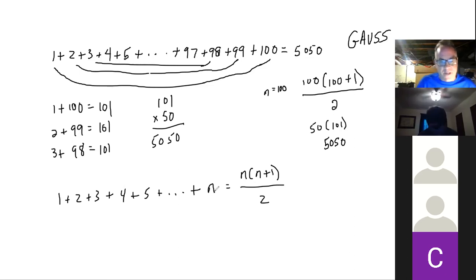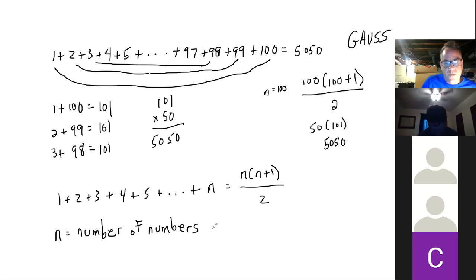What n actually is, is the number of numbers being added up. It's referred to as the ordinal number. So it's simply the number of things that we're going to add up.